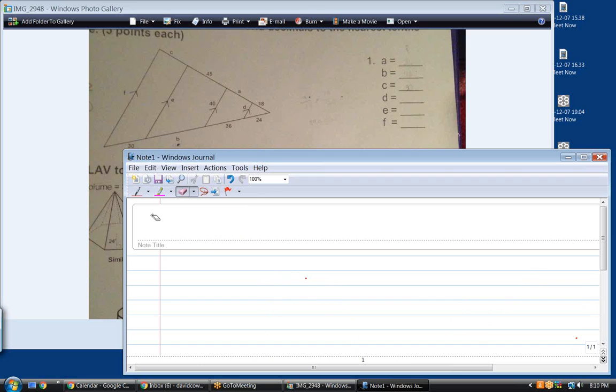Sometimes the hardest part of these problems is just picturing it. There's my one triangle. It's 36, 24, 27, and 18, right?